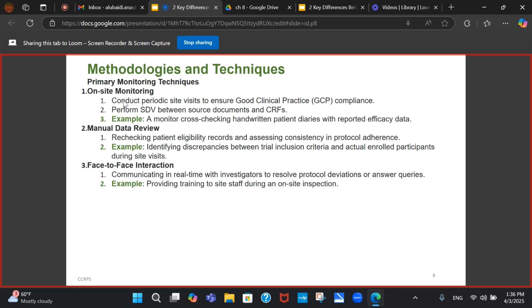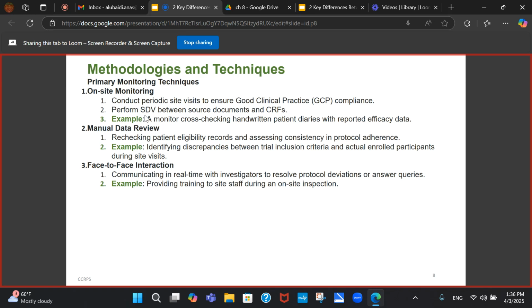So on-site monitoring: conduct periodic site visits to ensure good clinical practice, GCP, compliance, and perform SDV between source documents and the CRF, the case report forms, or EDC, electronic data capture.